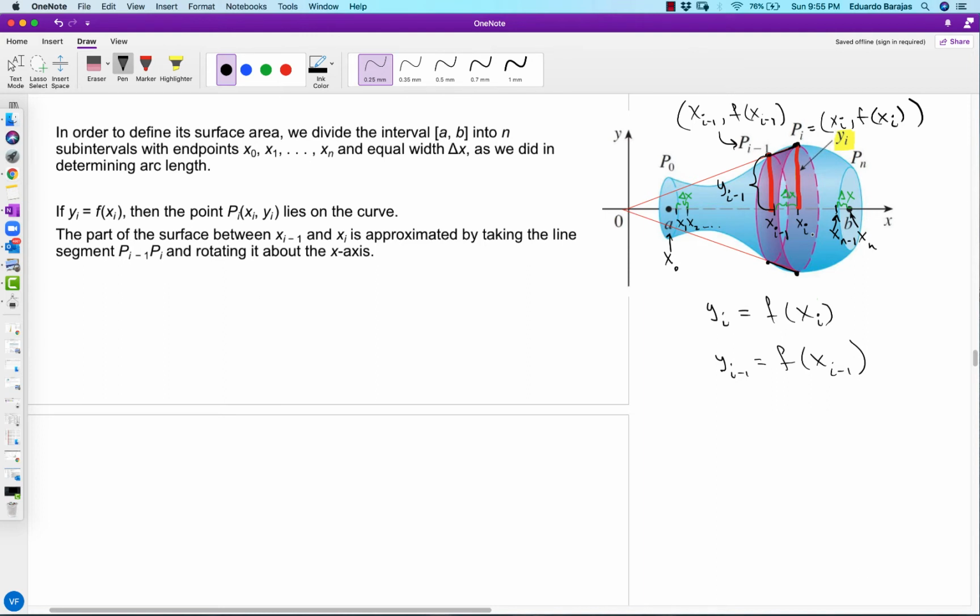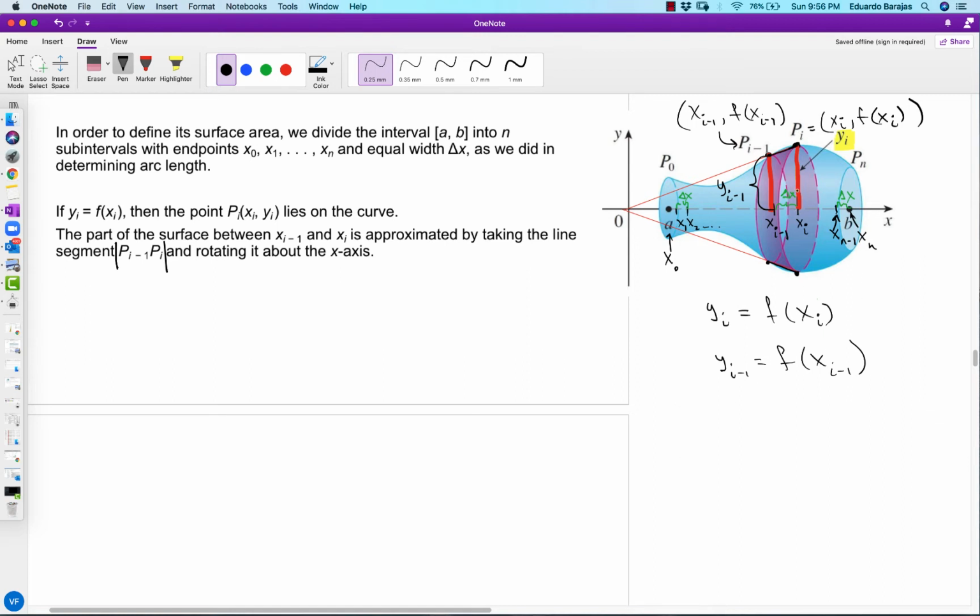The part of the surface between x sub i minus 1 and x sub i is approximated by taking the line segment p sub i minus 1, p sub i. Remember we use this notation with a bar to represent the line segment, and rotating it about the x-axis.